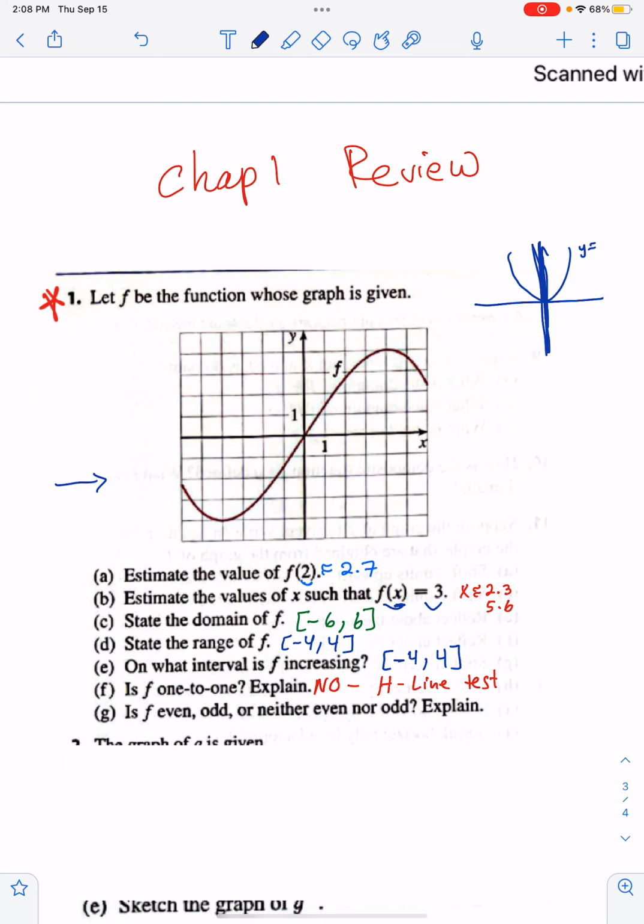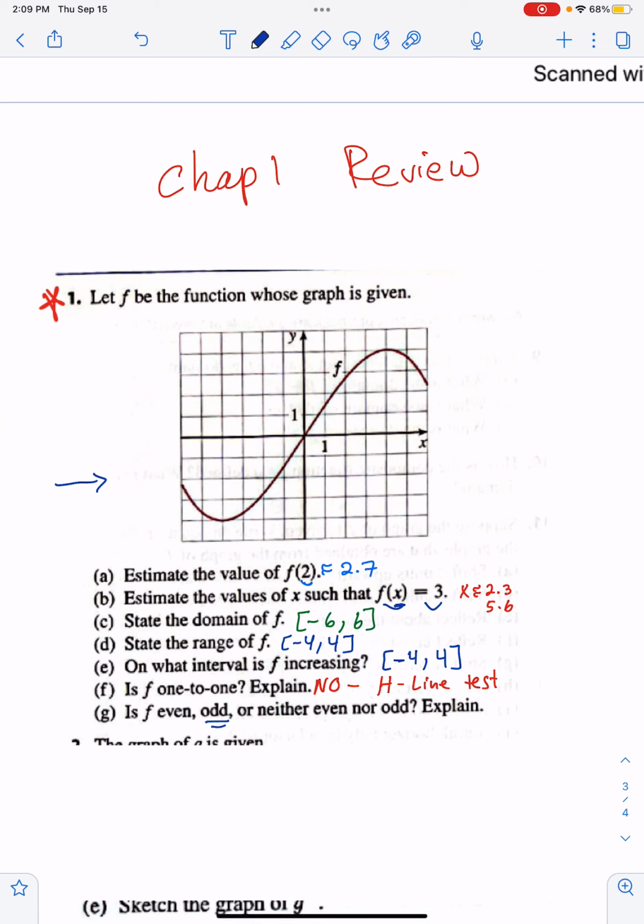So y equal to x squared is an even function. When you replace x by -x, you get the original function back. In other words, graphically, it's mirrored with respect to the y-axis. If it's symmetric with respect to the origin, then that's odd.